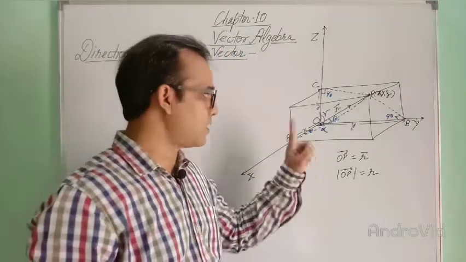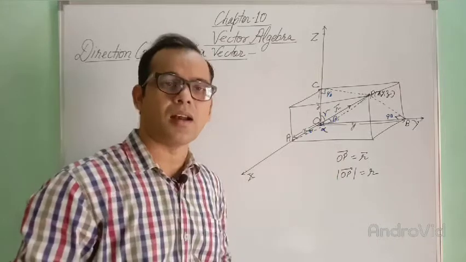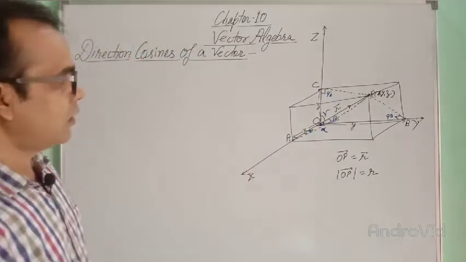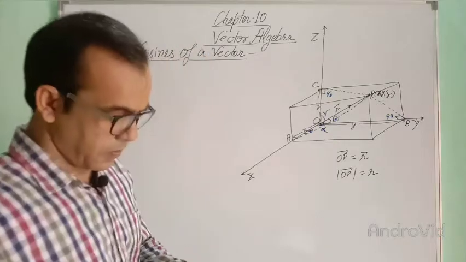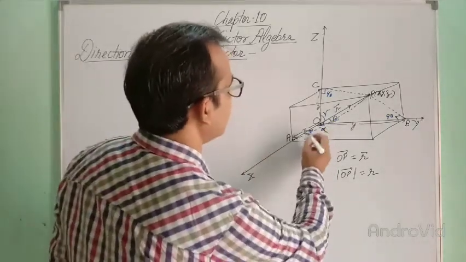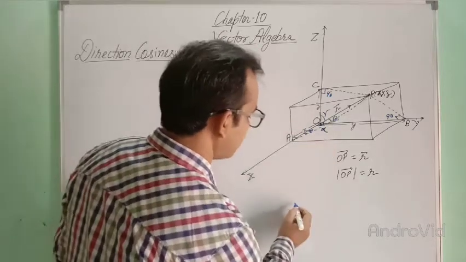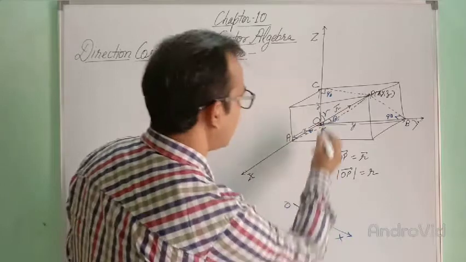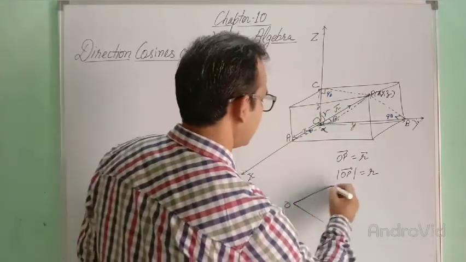Now these angles alpha, beta and gamma are called the direction angles. Here you see, suppose this is the x-axis and this is the OP vector.